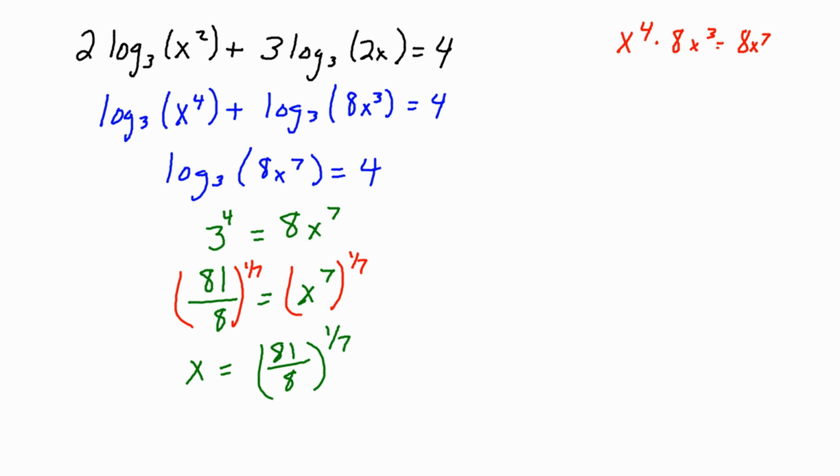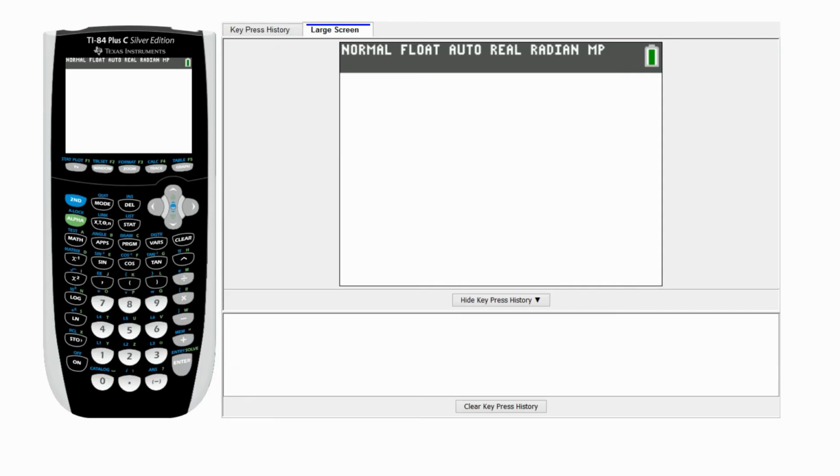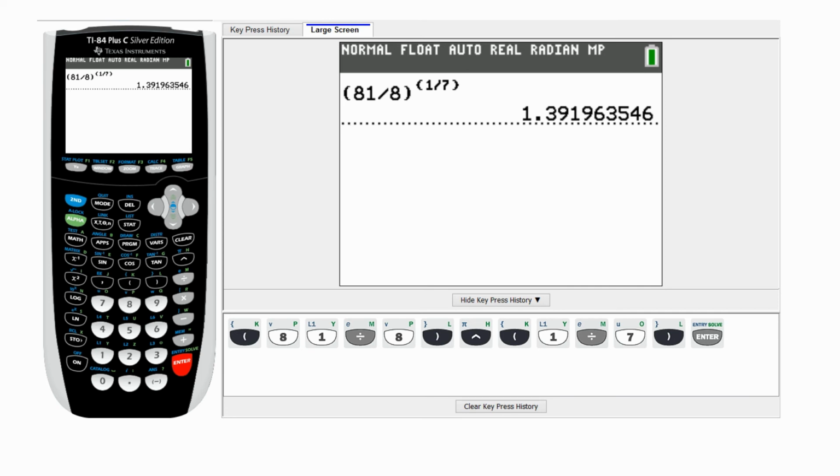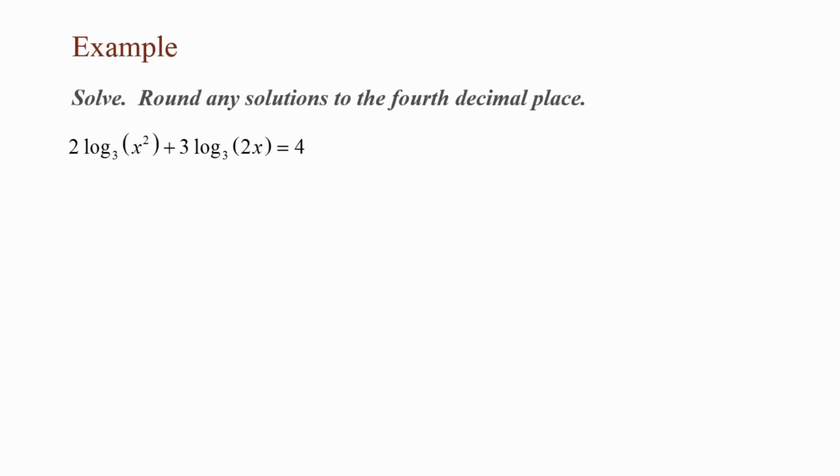Now we're ready to calculate. Parenthesis, 81 divided by 8, exponent, parenthesis, 1 divided by 7, enter. I get 1.39196. I need to round that to 4 decimal places. So x equals 1.3920.